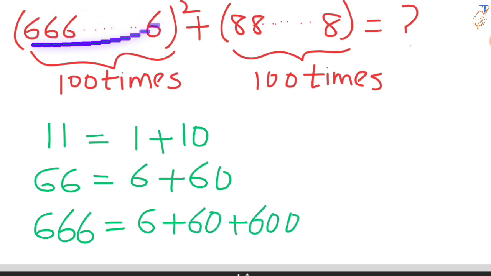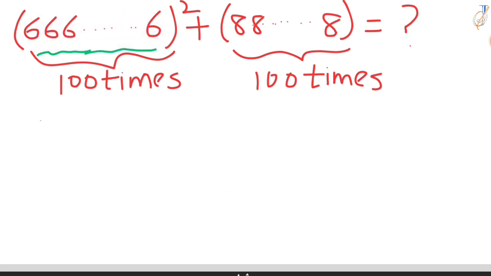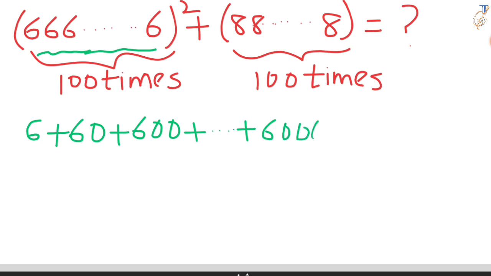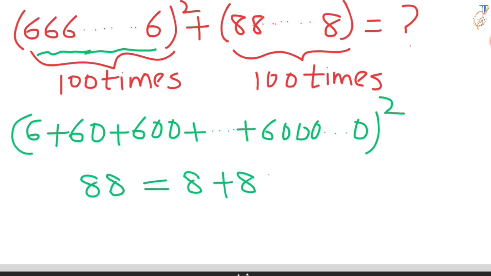Similarly, if you take 666 and so on 6, you can write this 6 plus 60 plus 600 plus and so on plus 6000 and so on zeros whole square. Similarly, if you take 88, we can write this 8 plus 80.